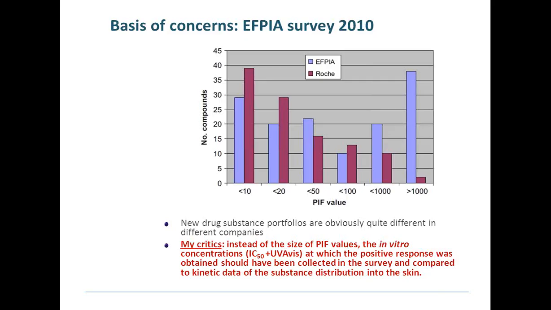We had in this graph shown one company separately because they didn't participate in this survey. And as you see in this one company, there is a quite, let's say, nice distribution from the majority being at PIFs at around 10 and a minority only with PIFs 1,000.